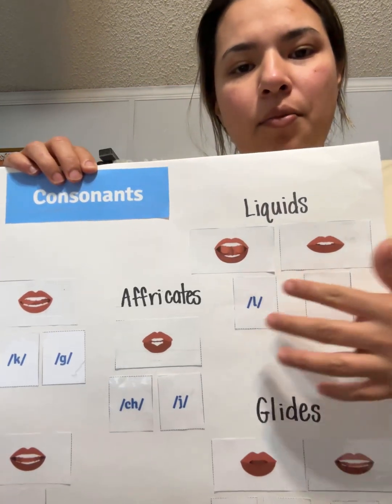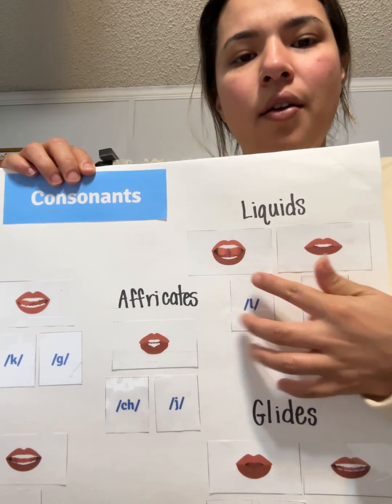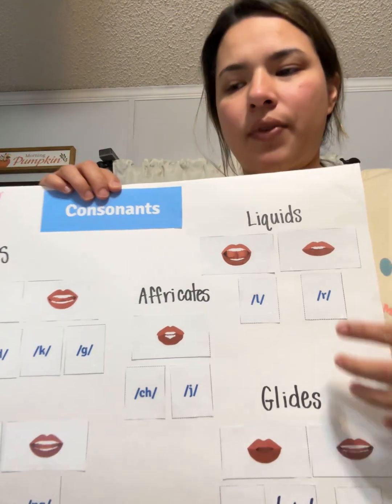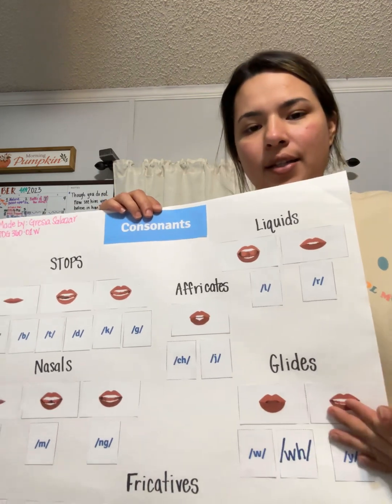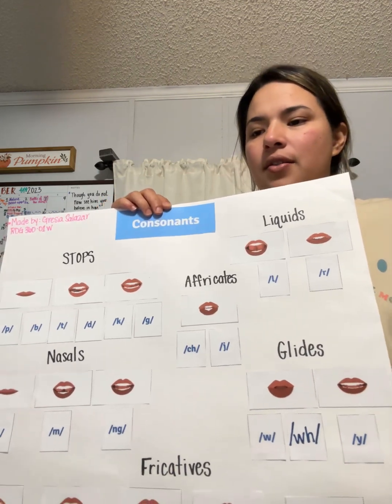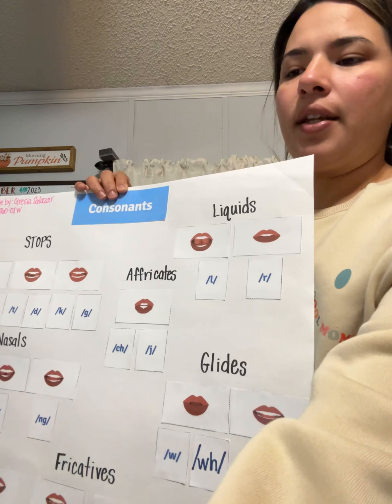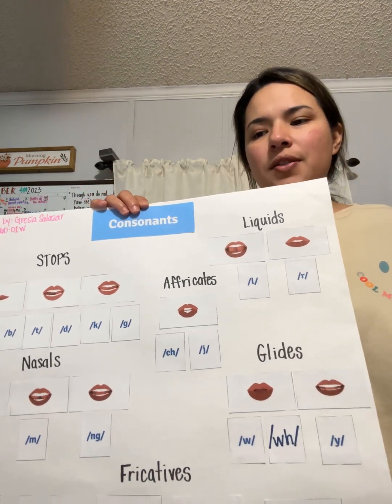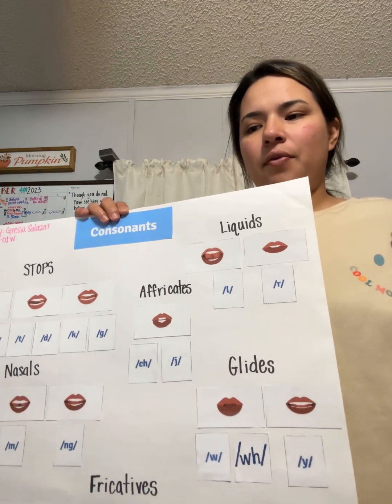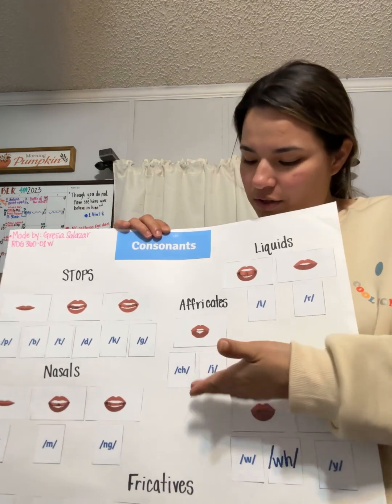See how they make the movement. And this one is glides. As they're articulating the different phonemes, students can make connections between the phoneme sounds and what the mouth is showing or doing.